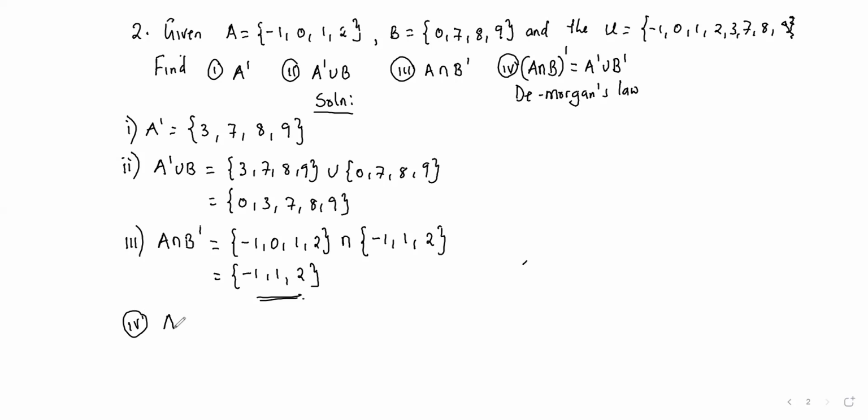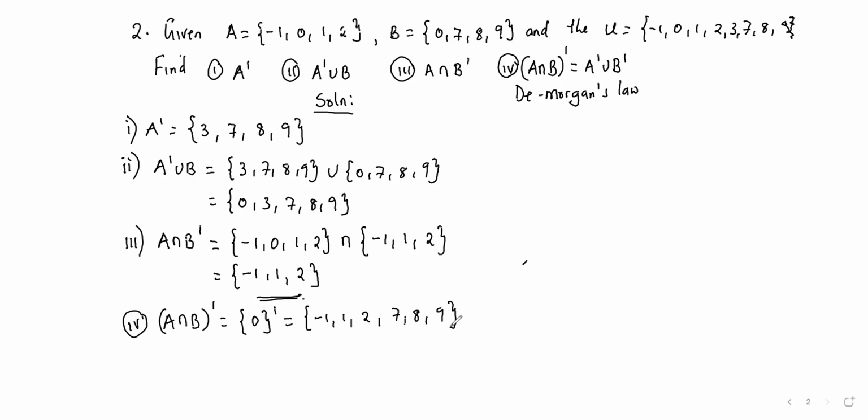Let's get A intersection B complement. So we need to get A intersection B, and there's only 0 common. Now we get its complement. So that will be -1, 1, 2, 7, 8, 9. That is A intersection B complement.